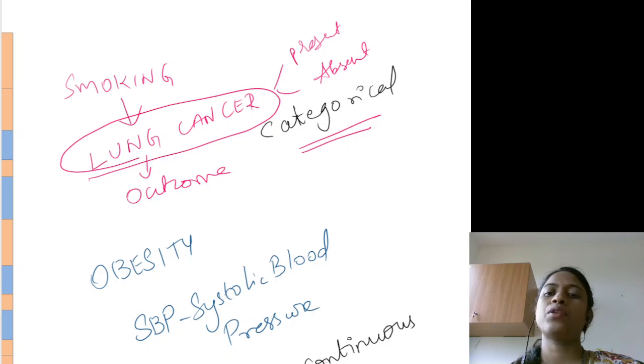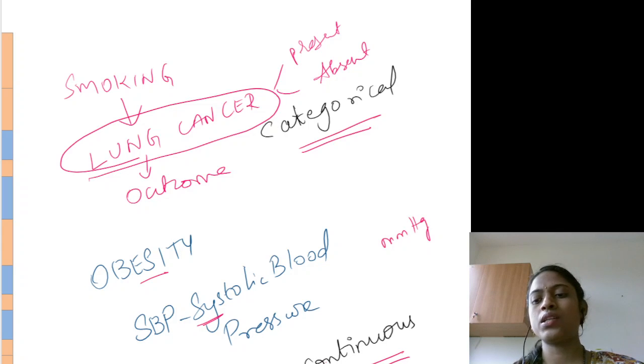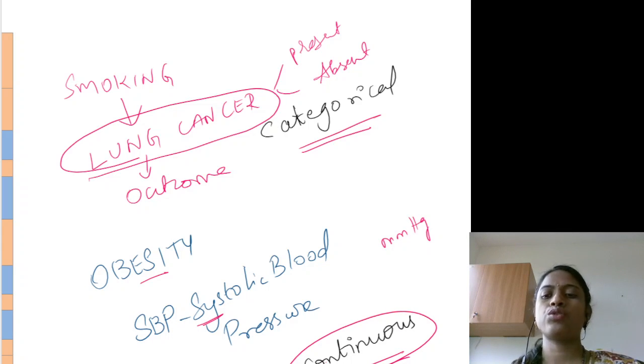This is an example of a categorical outcome variable. Now another example: finding the association between obesity and systolic blood pressure. Here systolic blood pressure is expressed in mmHg, which is a continuous variable. This is how we choose the type of outcome variable.